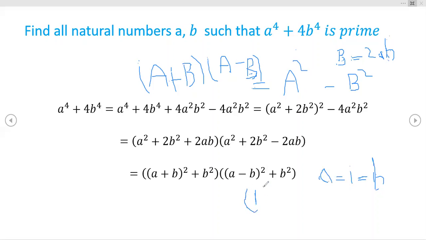And then if you substitute a equals b equals 1 here, this evaluates to 5. And of course, that's a prime number. So we have one solution right here.